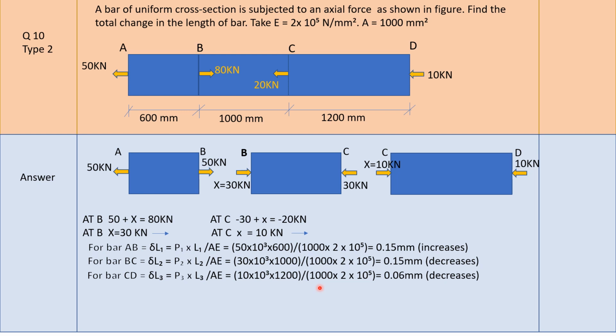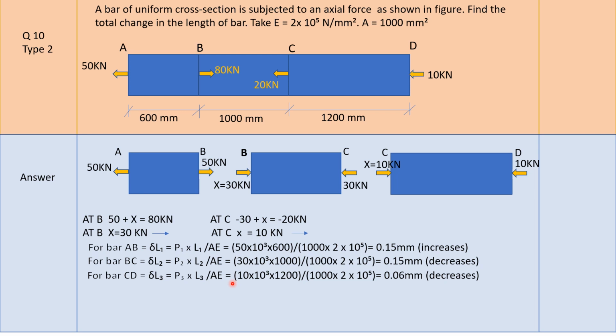Put the bracket in the numerator and denominator and then do the calculations. Start from here. Bracket open, 10 exponential 3 into 1200 bracket close, divided by bracket open 1000 into 2 exponential 5 bracket close is equal to.